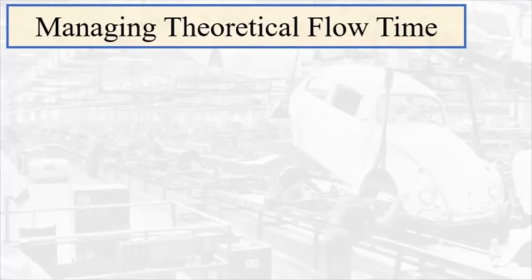Inspection might be a value-added activity from the producer point of view, because when you're inspecting product, you're making sure that you're not sending poor product to the customer, which would mean you have to pay some warranty, ship the product back, and so on. So the producer might think of it as a value-added activity. But from a customer point of view, inspection doesn't add anything to the product. It doesn't make the product any better. It doesn't improve the design of the product. It doesn't do anything of that sort.